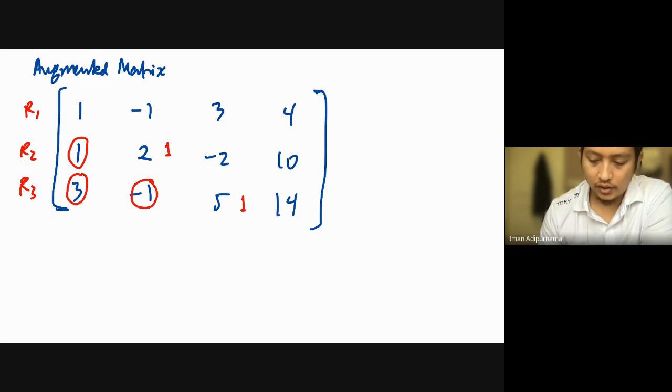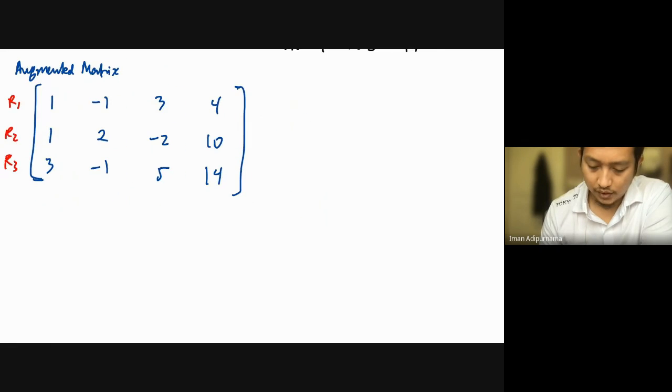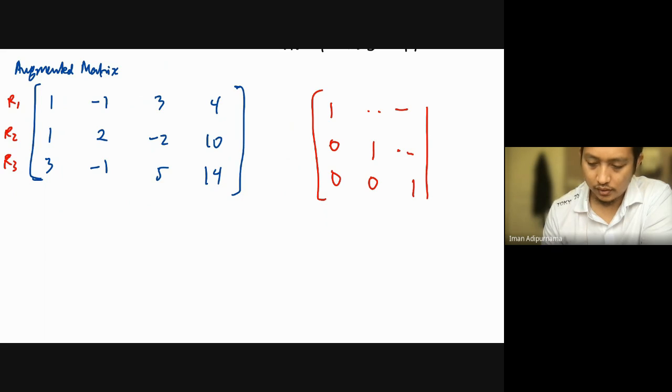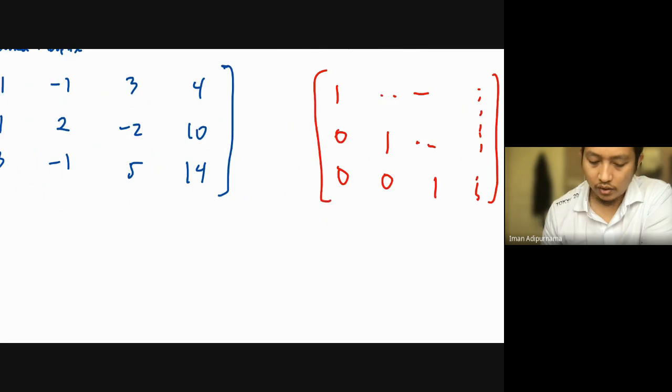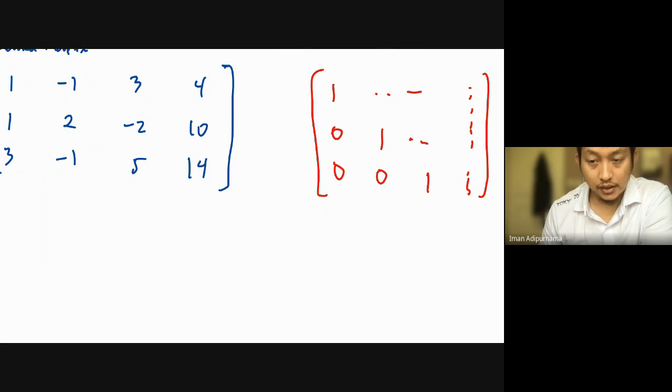Okay, so that's our goal. Our goal is that this augmented matrix will be at least this, and this will be the number here. So we are going to make some efforts to make this right side of the augmented matrix happen.